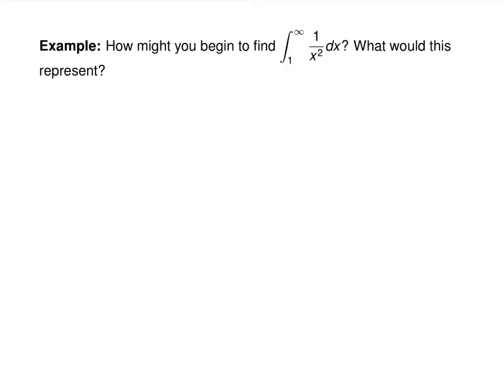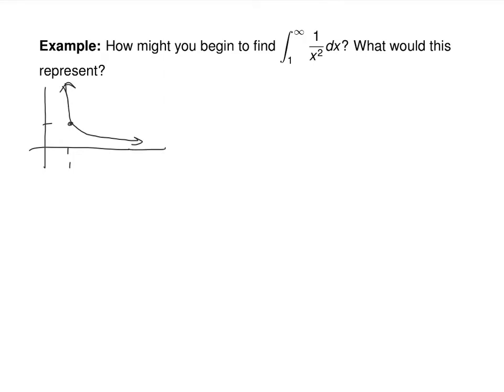So how might you begin to find the integral from 1 to infinity of 1 over x squared dx, and what would this represent? First, I think it would be useful to sketch a picture of 1 over x squared. We only care about it from 1 to infinity. For example, when we input 1, we go through the point (1, 1), and this function decreases as the x's get larger and larger.